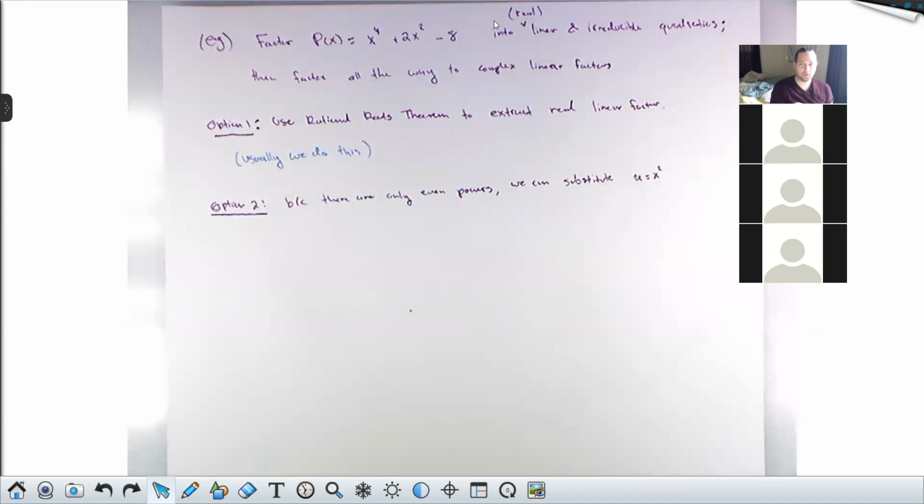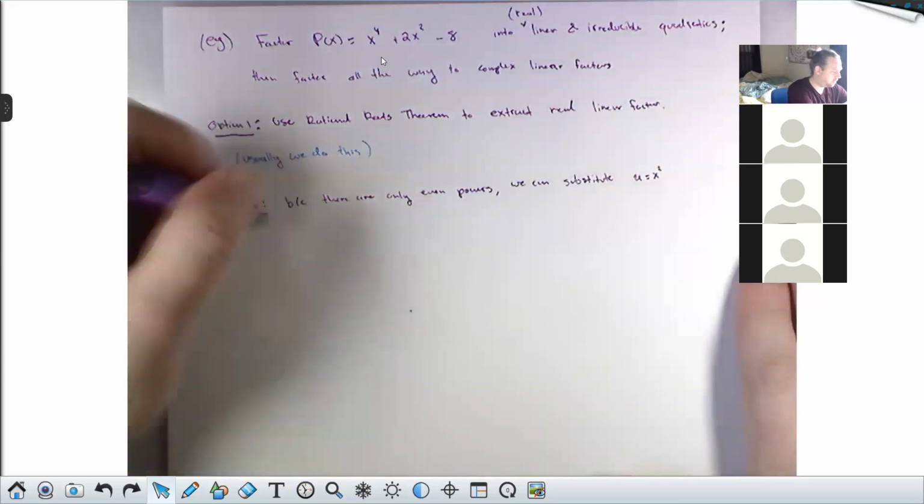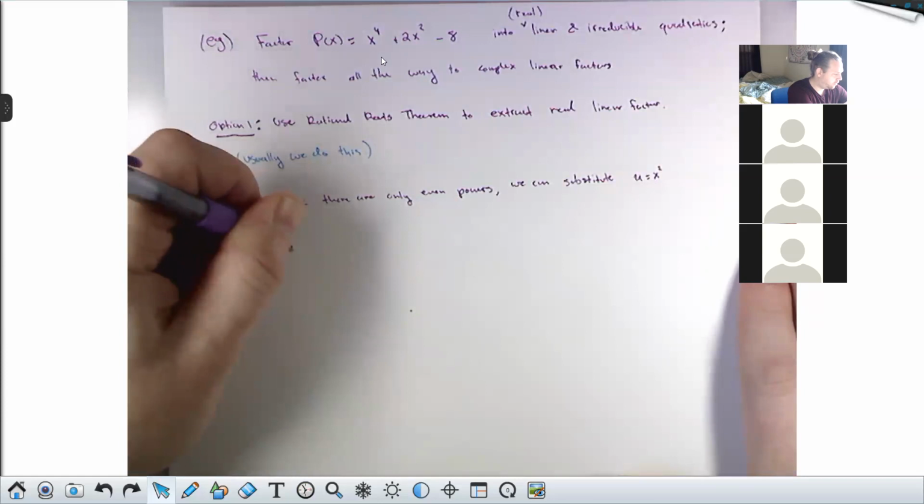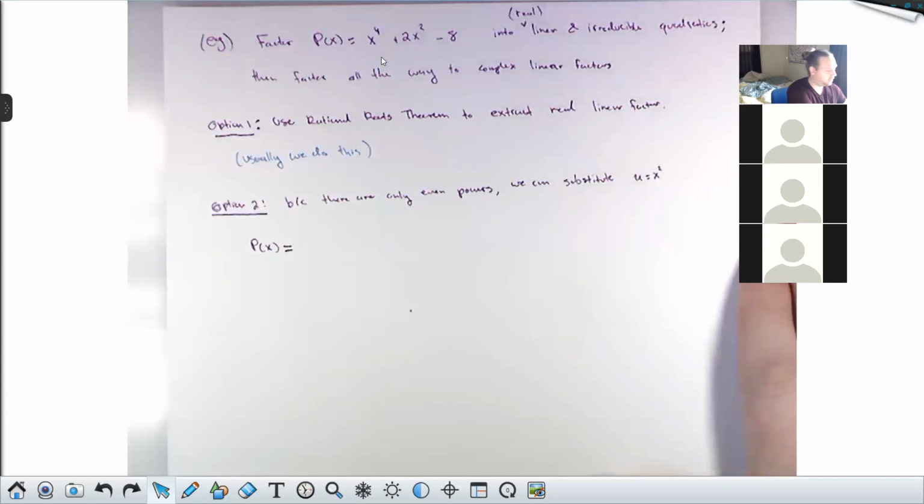And then we'll be able to factor this like a quadratic, go back through our substitution, and continue working. All right, let me go ahead and try the second option, because like I said, the first option on this particular polynomial will not work, although it usually does for problems in this class.